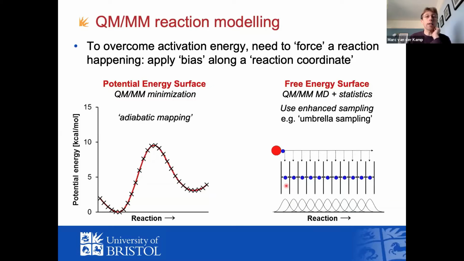So if we do that along several values of the reaction coordinate, then we are building up a set of histograms where this is the value of the reaction coordinate that is sampled with this particular restrained value. So these histograms look a bit like hills, and with a bit of fantasy they look like umbrellas, which is where the umbrella sampling comes from.